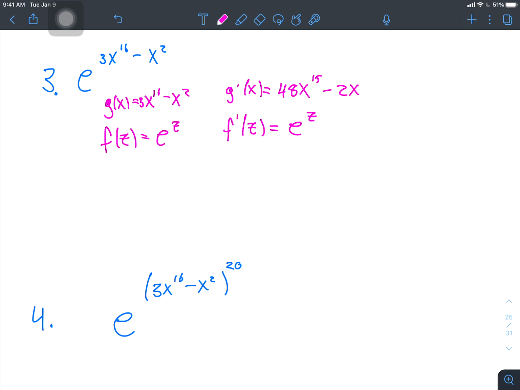F prime of g of x. So I take regular g and I plug it in to f prime of z. So if I do that, I get e to the 3x to the 16th minus x squared. And am I done? No, what do I need to do now? Multiply by g prime. Okay, so 48x to the 15th minus 2x. All good?